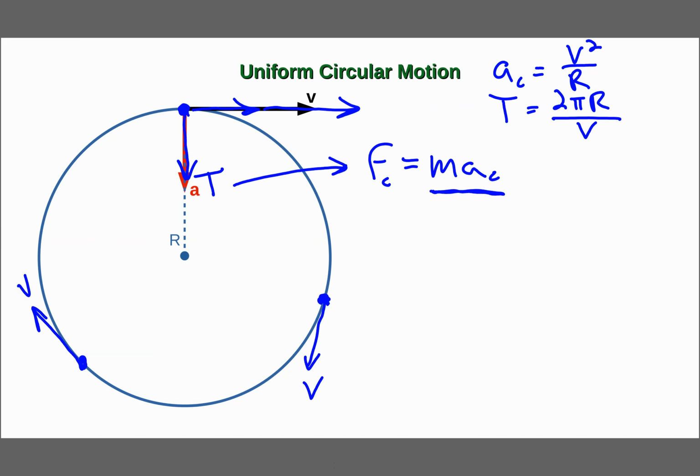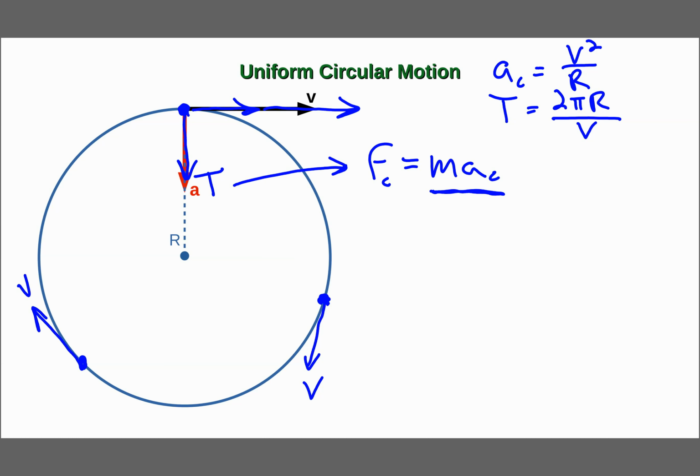Now, we often think that an object will go outward if the string breaks, but this is not actually true, okay? When we're thinking about that, we're thinking about the ball in an accelerated reference frame, and we get caught thinking about a fictitious force. We think there's a force pushing the ball outward as it travels in a circle, but there isn't, okay? It's in an accelerated reference frame.